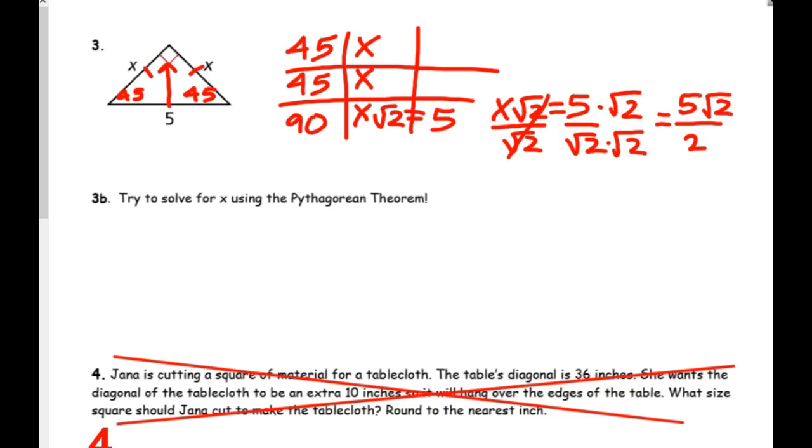Now, that ugly fraction is done. We rationalize the denominator. So now we have x equals 5 square root of 2 over 2. Now on our grid, when it says x by itself, I can fill in this fraction. It doesn't look pretty, but that's the answer.